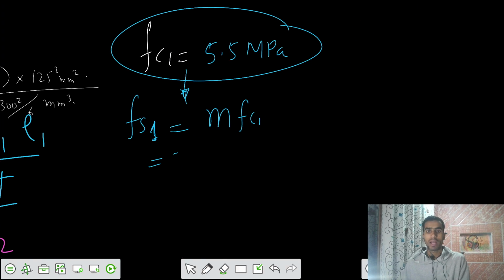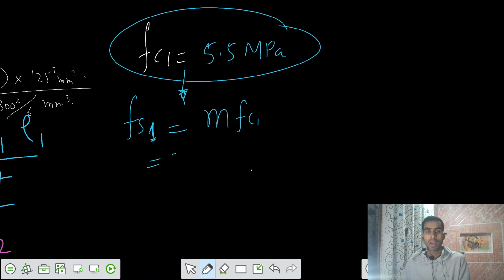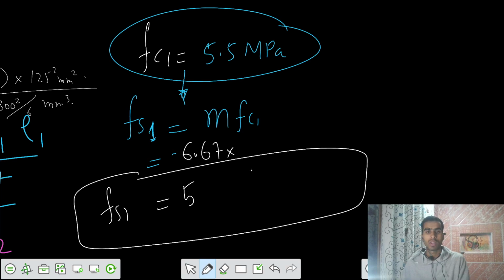So actually the value here is 6.67 times some value of FC1 such that the final stress loss in the wires is equal to 5.5 megapascals.